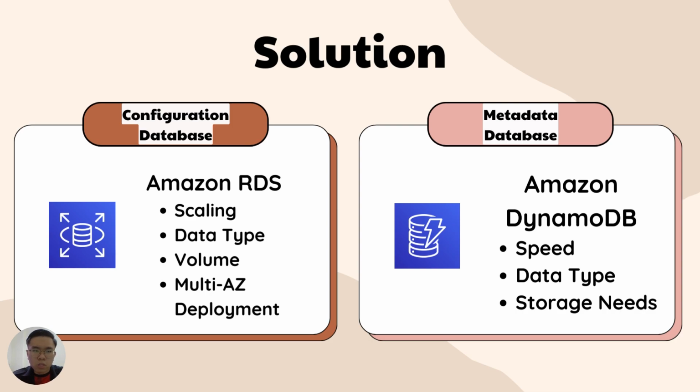For the configuration database, I decided to apply Amazon RDS, because the full name of Amazon RDS is Relational Database Service. It is a relational database that fulfills the requirement for case one, which requires a relational database. Amazon RDS offers numerous benefits, including scaling data type, volume, and multi-availability-zone deployment for the client or user to make their database management more efficient.